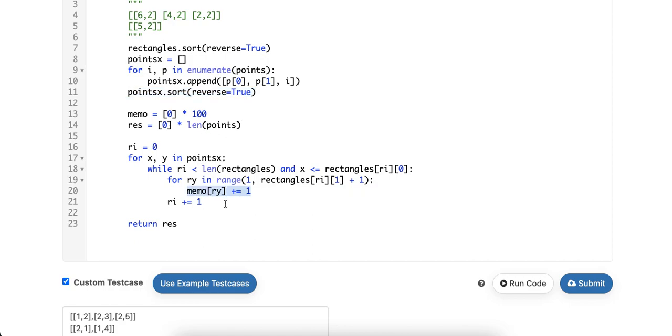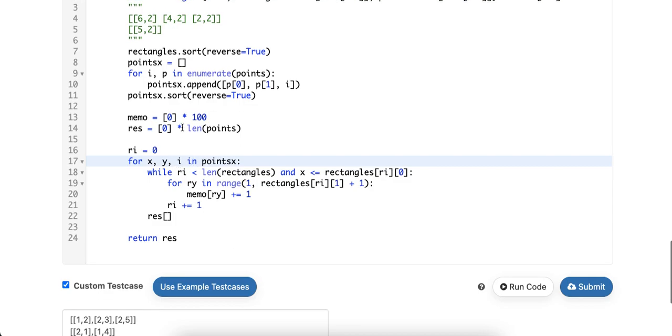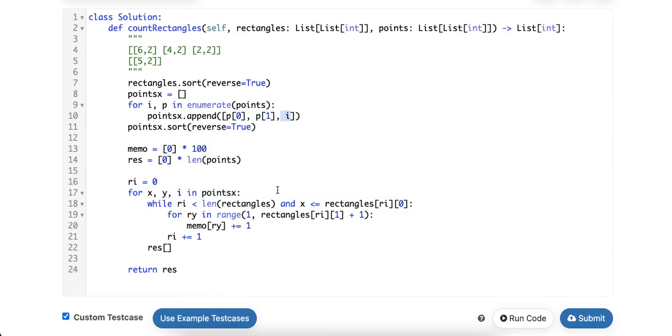So that's how it is. And at the outside, after we do everything there, oh, just now this one also has the index, remember, so that we can keep the order of the point.